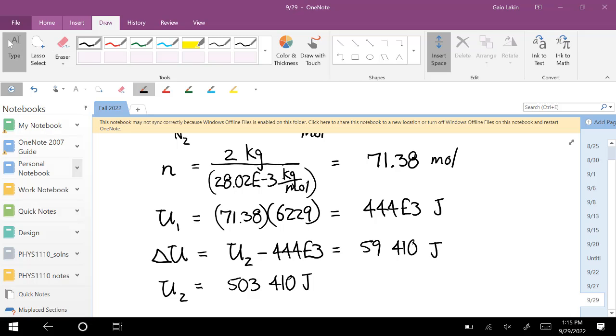Okay, so at this point, we have that internal energy. We could figure out what that is per mole and do a reverse lookup.